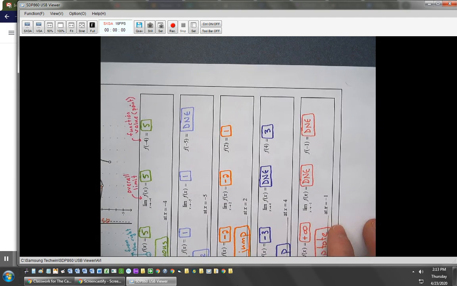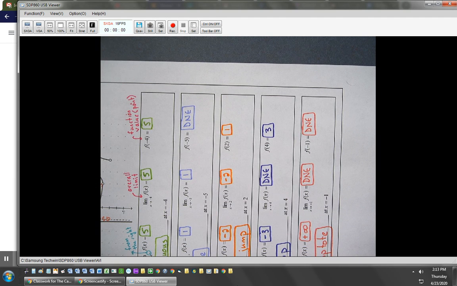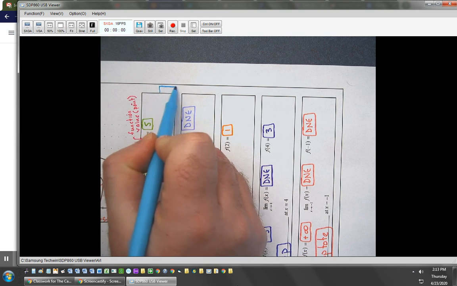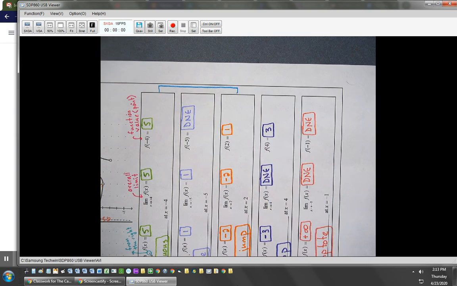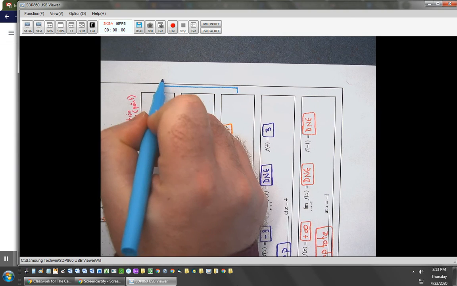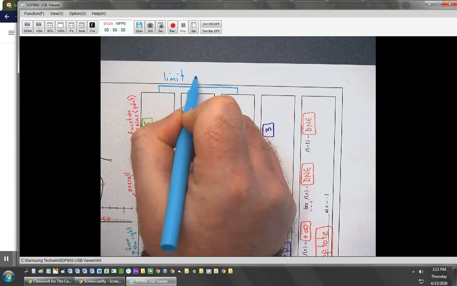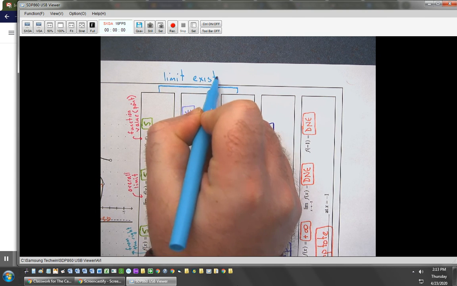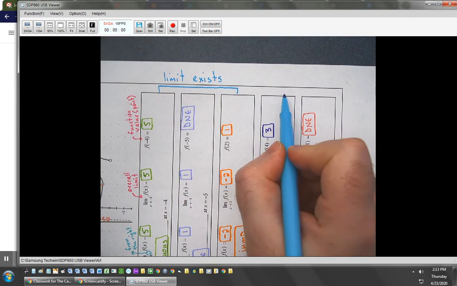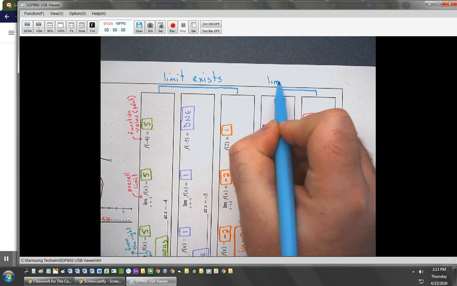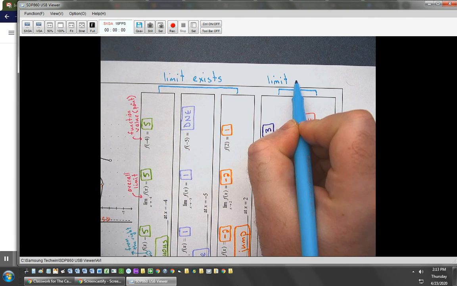So I want to add that down here as a little reminder. For these three, limit exists. For these two, the limit does not exist.